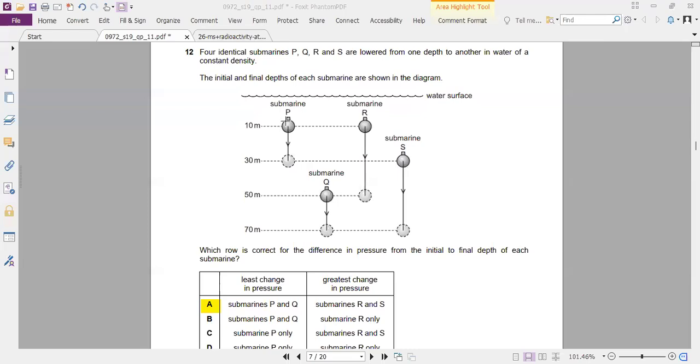So in this question, we see that this submarine and this submarine undergo minimum pressure change because of less change in the depth, whereas this submarine and this submarine go deeper, so the pressure change for both is larger. That's why we have P and Q here for least change and R and S for greatest change. This is the correct choice.